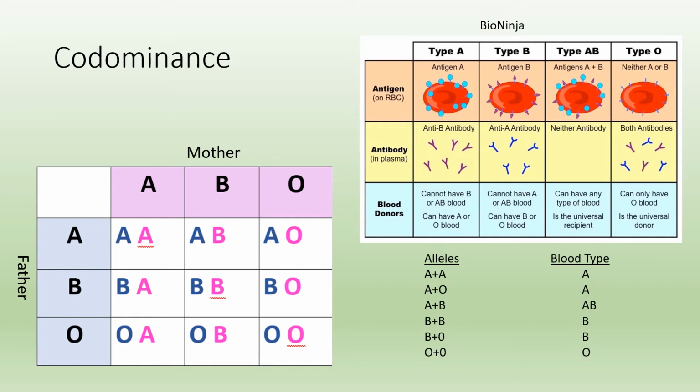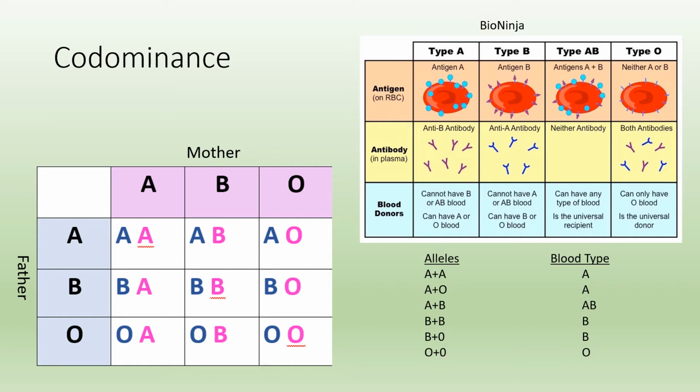Type O blood does not make type A or type B antigen. So it makes antibodies. If you have type O blood, you can make antibodies to A, B, and AB. So you can only receive from type O, but you can donate to everybody. So people with type O blood are considered universal blood donors.